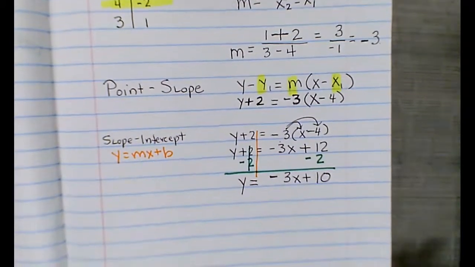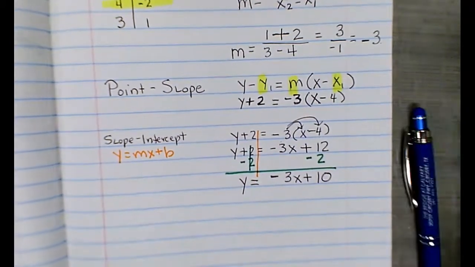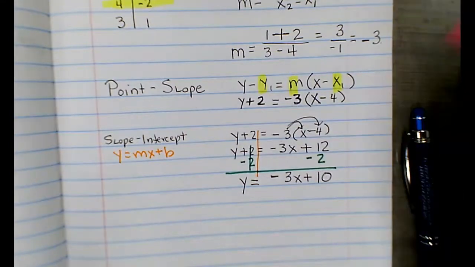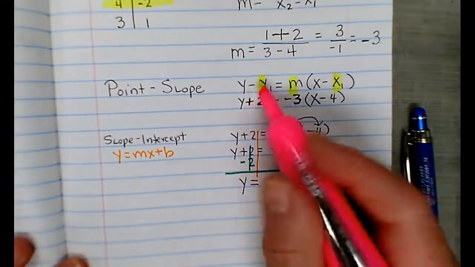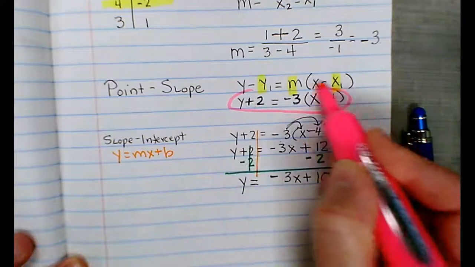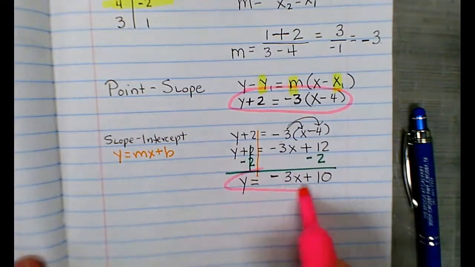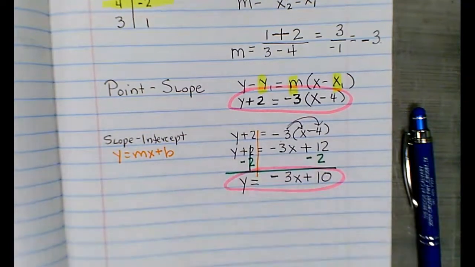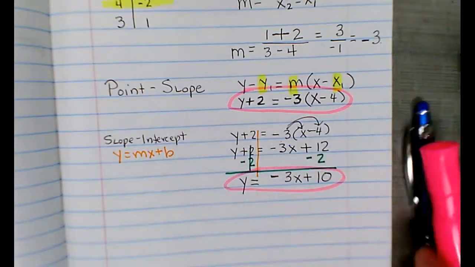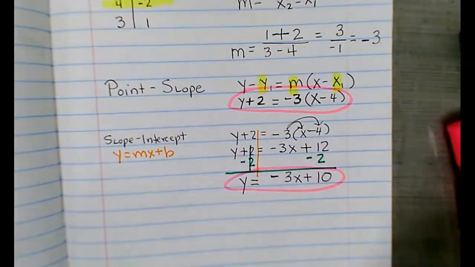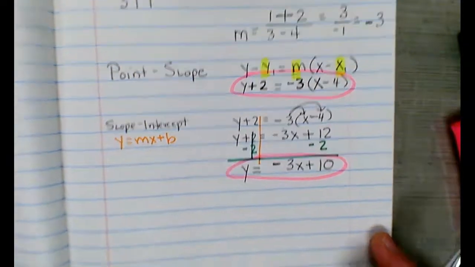That is the equation of the line in slope-intercept form. This is the line in point-slope form. This is the line in slope-intercept form. It's the same line. It's just two different forms for the same line.